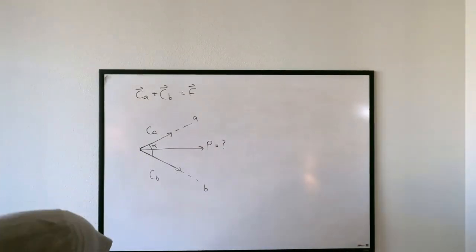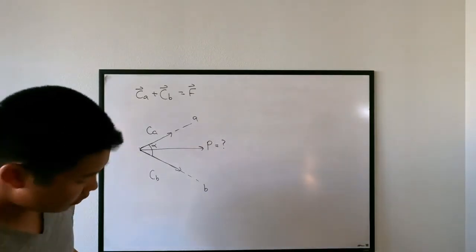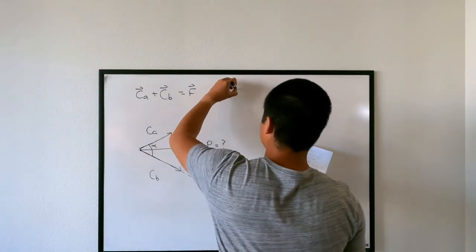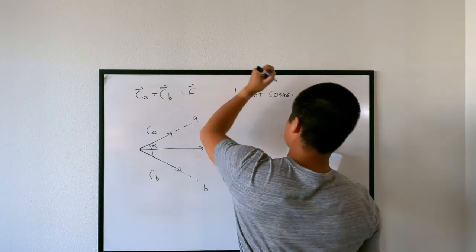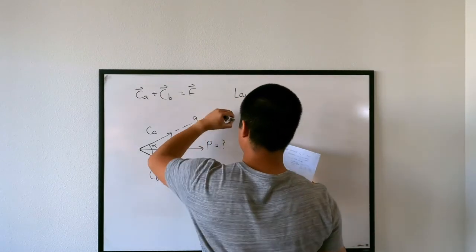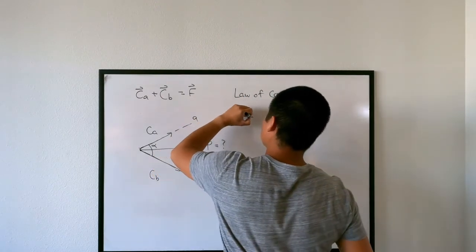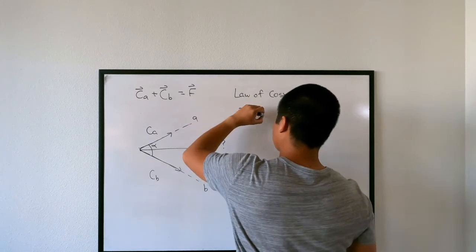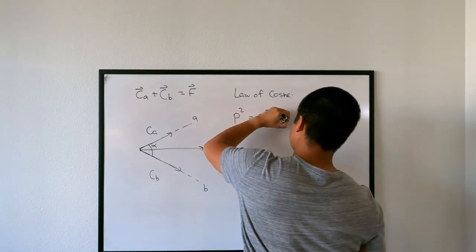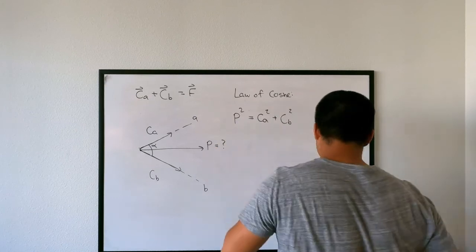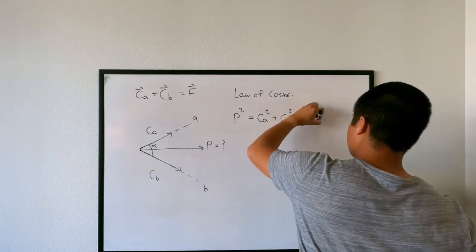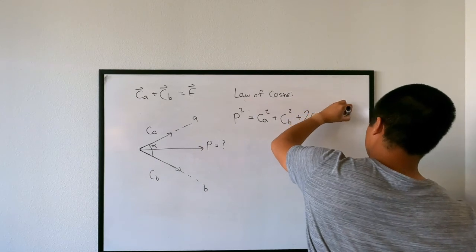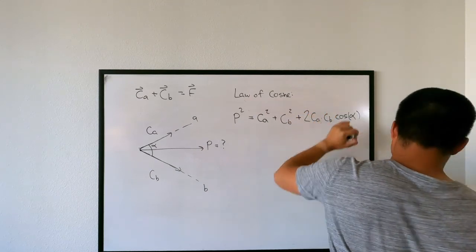So in this case, the law of cosines is P squared equals CA squared plus CB squared plus 2CA times CB times cosine of alpha in between.